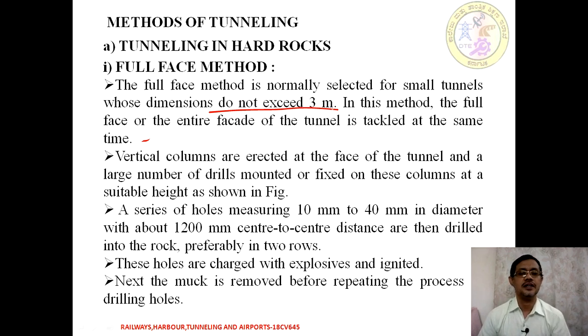Vertical columns are erected at the face of the tunnel, and a larger number of drills are mounted on these columns at a suitable height, as shown in the figure. I will explain in the next slide. A series of holes with a diameter of 10 mm to 40 mm are drilled, spaced 1200 mm or 1.2 meters center to center, so that we can fill the holes with charges or explosive.